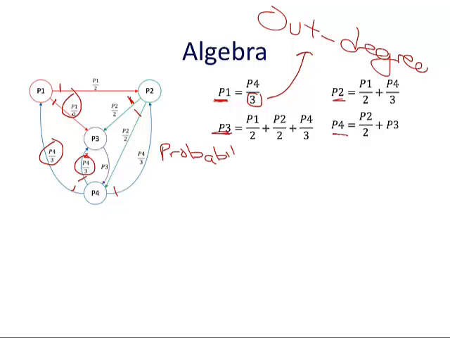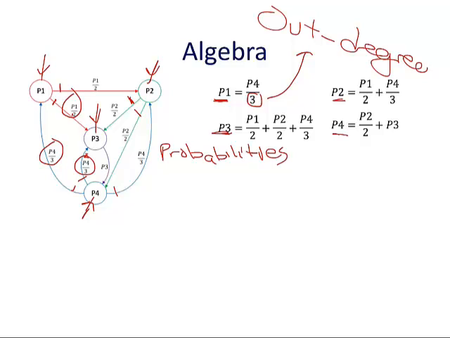And if you don't remember what a probability is, it's really just the chance of an event. What we know about probabilities is that they always have to sum to 1 if we consider all of them. Basically, P1 is the probability that we're at node 1, P2 the probability that we're at node 2, P3 at node 3, and P4 at node 4.